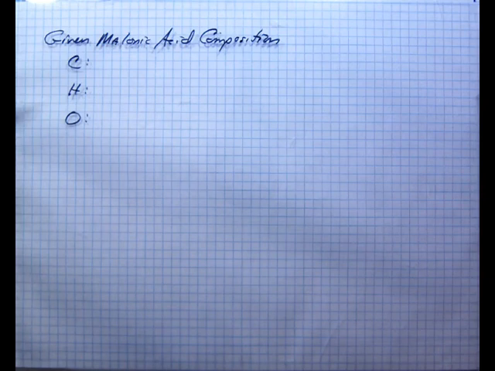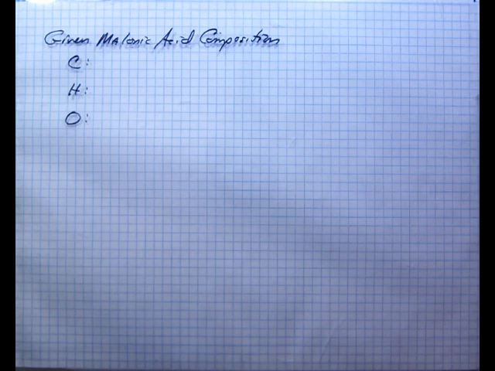Okay, you're given malonic acid. Now malonic acid is an organic compound containing carbon, hydrogen, and oxygen. When working a problem like this, and you'll get it just like I'm giving it to you now, you set up your elements in this columnar format right here.